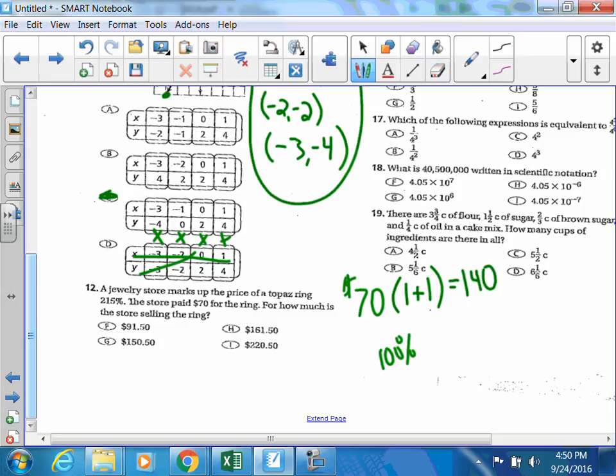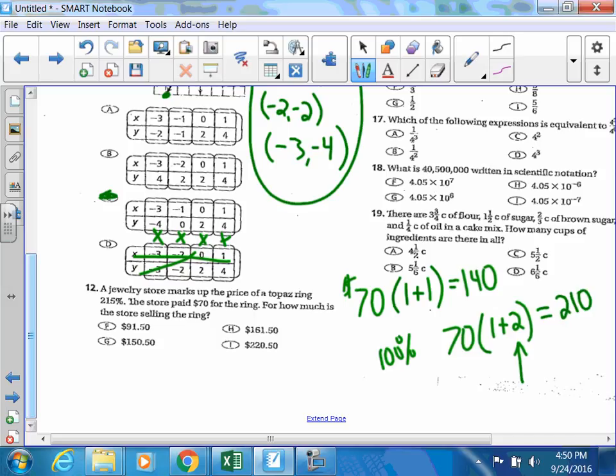So it'd be $140. A 200% increase would be 70 times 1 plus 2. The 2 represents a 200% increase. The 1 represents what we start with. So really that's 70 times 3, which is $210.